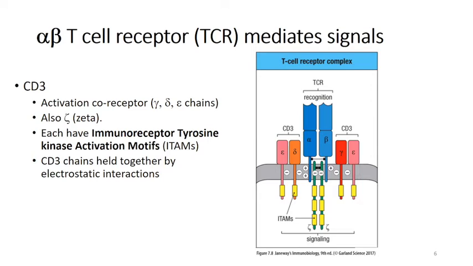Like I said, those are responsible for the signaling into the cell, and they're held by these pluses and minuses for the electrostatic interaction. On the cytoplasmic side of the CD3 complex, there are all these ITAMs, which lead to tyrosine kinase activation, so these get stable signaling.